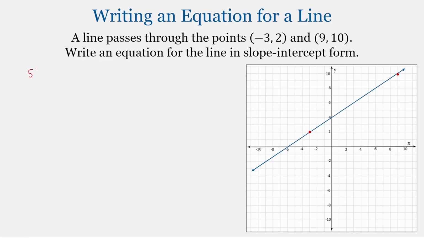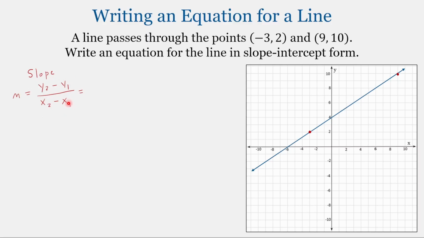So there's a couple different methods we can take to finding slope. What I typically do is I will plug these x and y coordinates into this formula for the slope. So we have the slope equal to y sub 2 minus y sub 1 all over x sub 2 minus x sub 1. It does not matter which of these ordered pairs you choose to be point 2 and point 1.